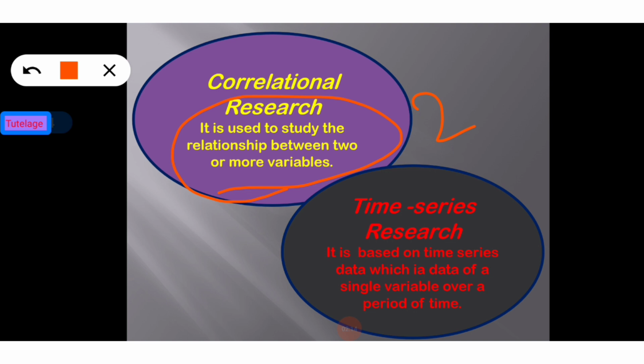So that is the basic difference between correlational research and ex post facto research. Both are related to each other. So now move on to the next research type, that is time series research.